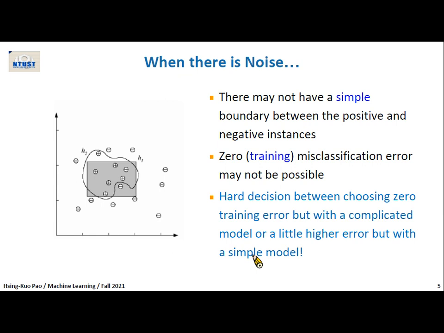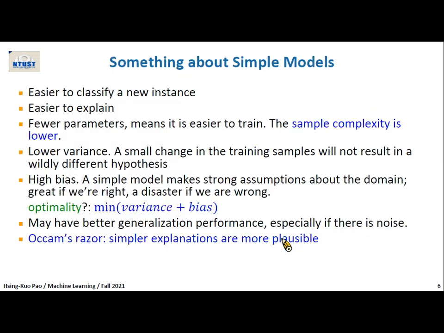So what you need to learn from this class or from the machine learning discipline is that as we experience more and more cases and deal with all kinds of real data, we know how to make the smart decision here. Okay, so that's how we deal with the noise.